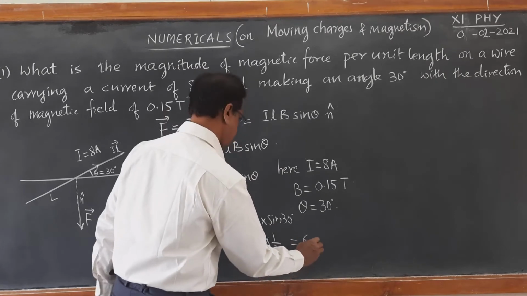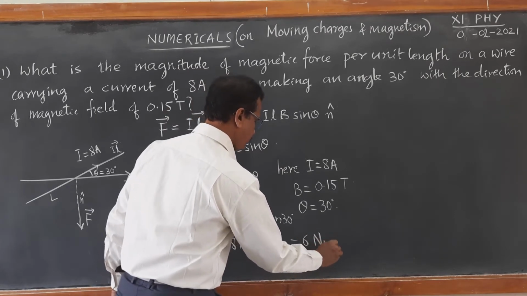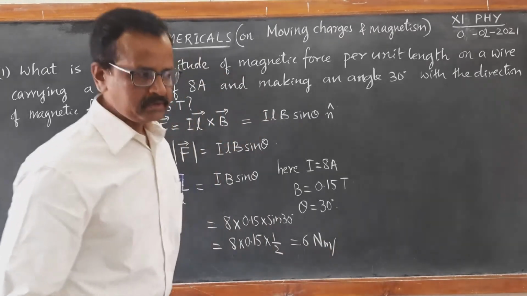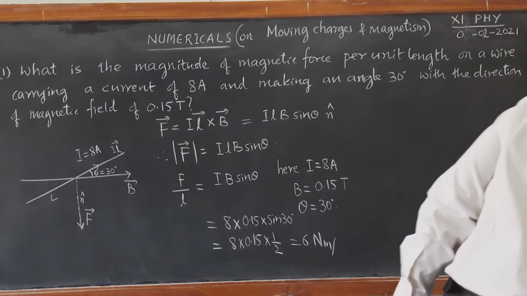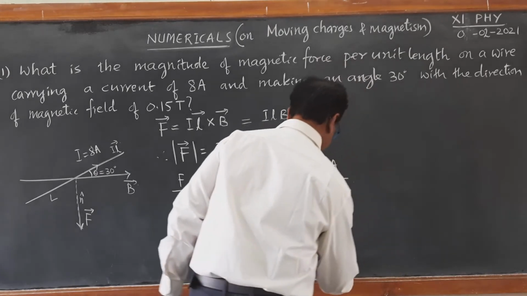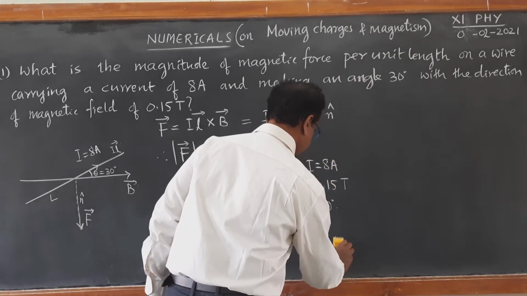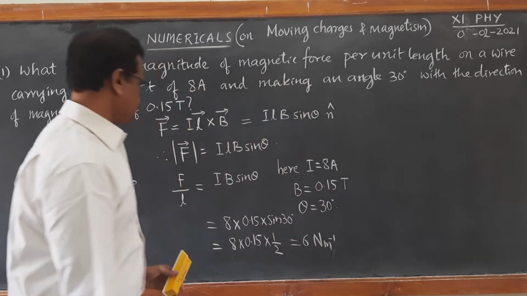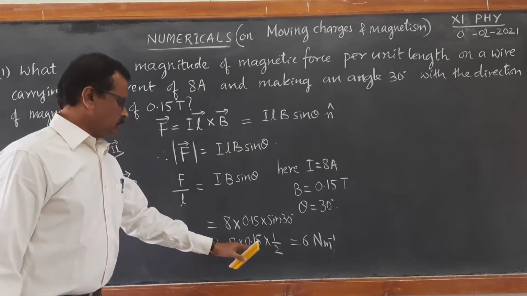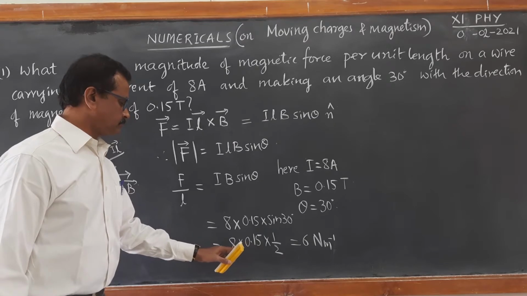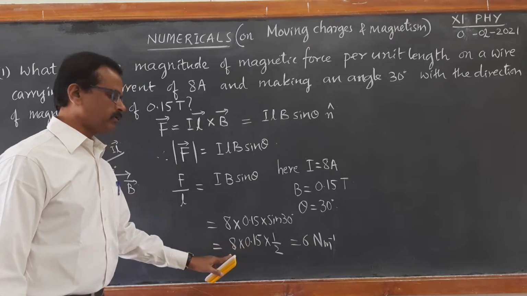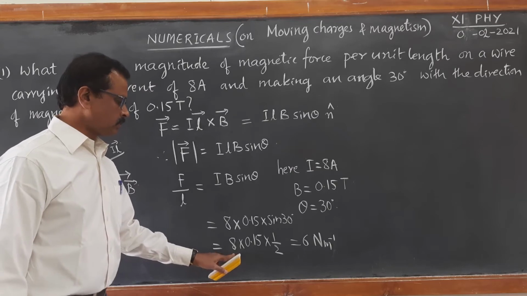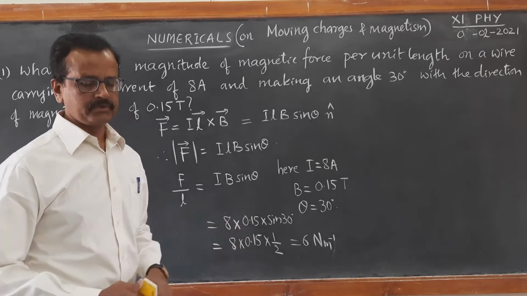So 6 Newton per meter. This is how we get the result. 15 8s are 120, so it becomes 12. 12 divided by 2 becomes 6 Newton per meter.